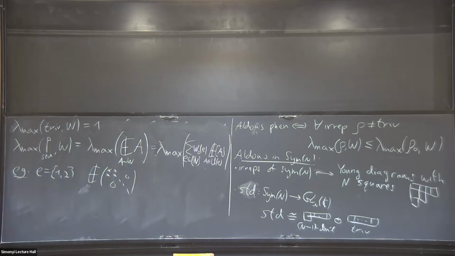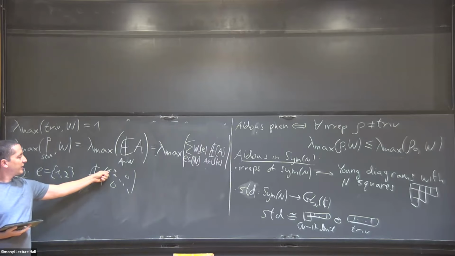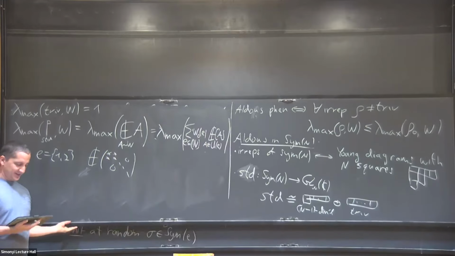Okay, so what is it? It follows from another principle we'll talk about later, but we want to understand what is the average value of a coordinate in a random unitary matrix. 0. Why 0?